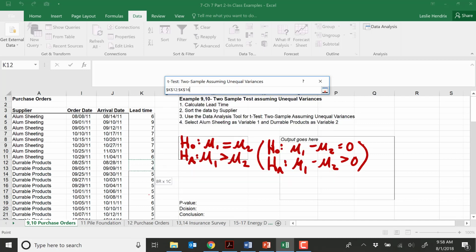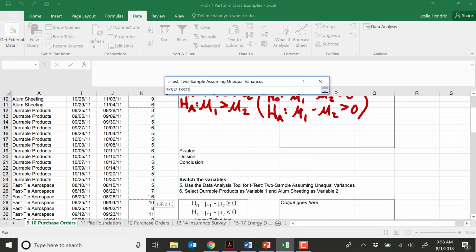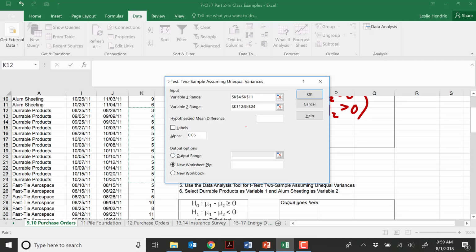So for this one, I'm going to highlight the lead times next to durable products. All right. And what's our hypothesized mean difference? Ours is 0. Our null hypothesis was there was no difference. We don't have labels because we don't have these in separate columns, so we're going to leave that unchecked.